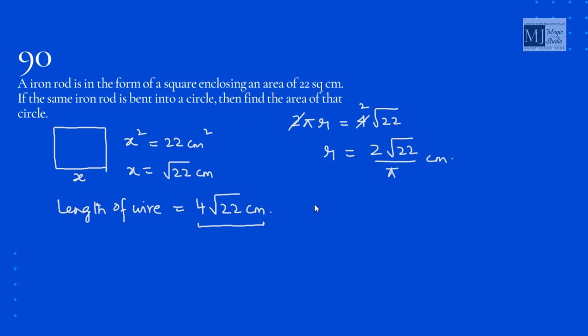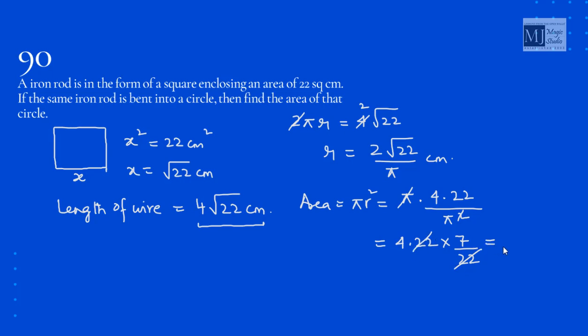Then find the area of the circle. Area of the circle is pi r square, so this will be pi times 4 into 22 by pi square. On solving, pi is 22 by 7, so 4 into 22 into 7 by 22 is 28 centimeter square.